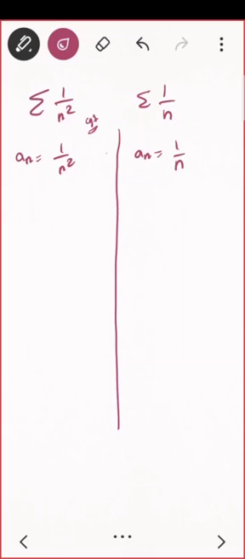Perfect, very nice. So can you apply this here? Here this one will be convergent and this one will be divergent. Agree?